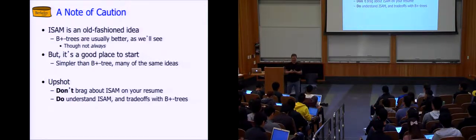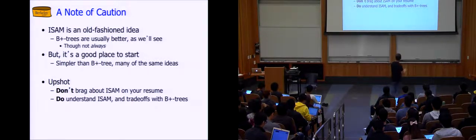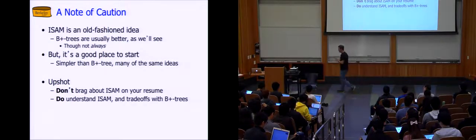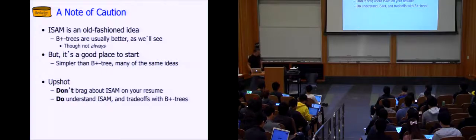But it is a niche, and it is on its way out over decades. It's very hard to kill a database system in deployment. They're still out there, but you don't want to brag about that. You do want to understand them, though, and how they trade off with B+ trees. If you really understand B+ trees, you'll be able to answer questions about how they're different from ISAM, and you'll know that you know the material.